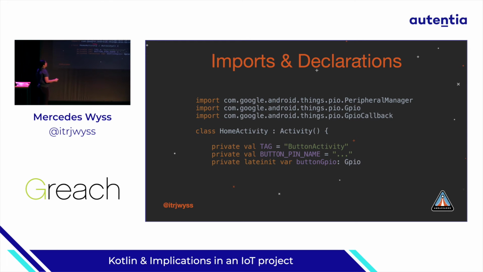So we have here our home activity, and I am creating a tag for putting all my logs. Here in the button name, there is a method that we can use to read the names of the GPIOs, which depend on which board we are using. So I just put the dots. And this is purely Kotlin. Kotlin is a programming language that is trying to avoid any null pointer exception.